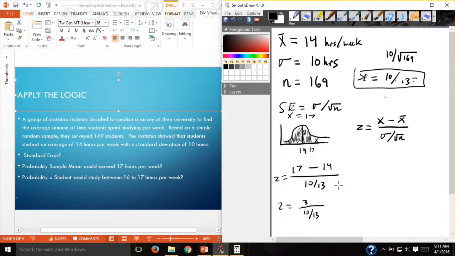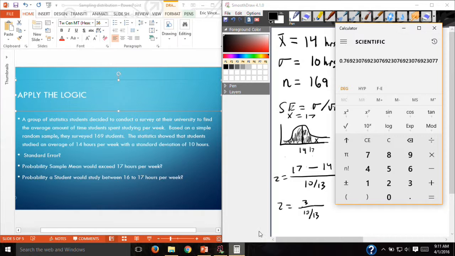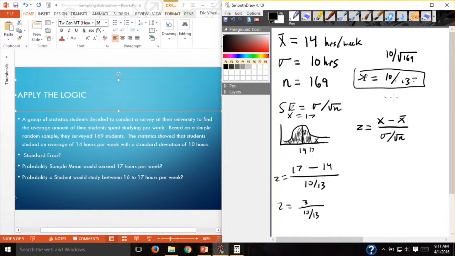Alright, so let's go ahead and put this in the calculator. I get 3 divided by, in parentheses, 10 divided by 13. I get 3.9 as my z-score, and no running decimals. Alright, so that means I need to go to a z-chart.